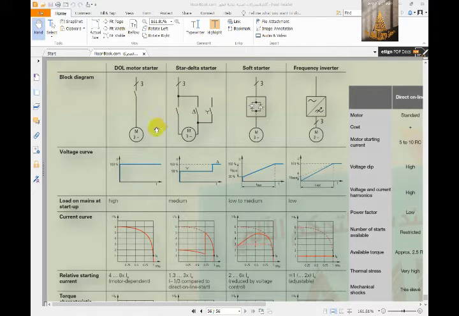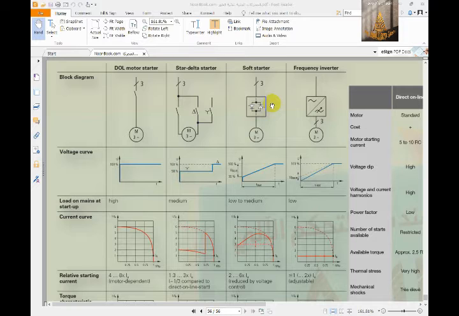For the block diagram, we will find first the direct online motor starter. It's just a direct connection with a three-phase motor, and the star delta starts with a star connection, then the delta connection. And the soft starter, we talked about the soft starter for a long time, and about the thyristors.